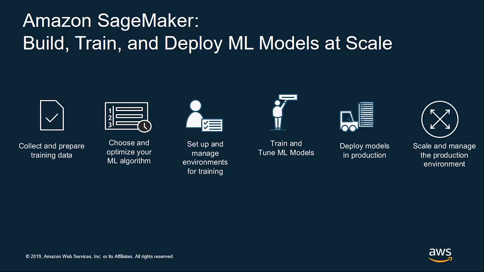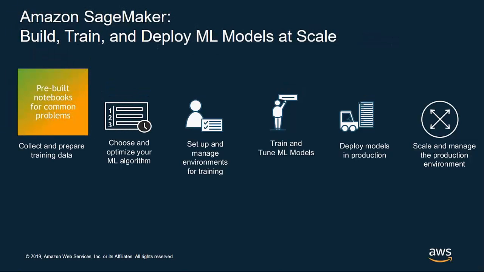Then deploying these machine learning models in production so you can serve predictions, and then being able to scale and manage these production environments so that your retrained models can continuously be deployed. So Amazon SageMaker supports this end-to-end machine learning platform with various managed capabilities.